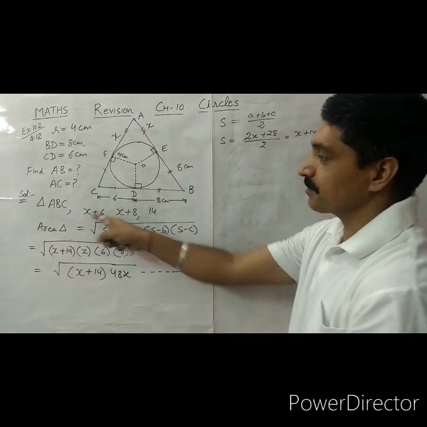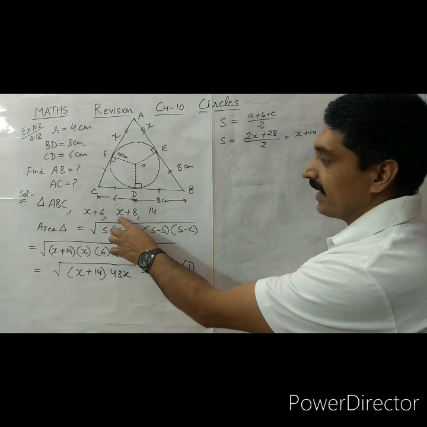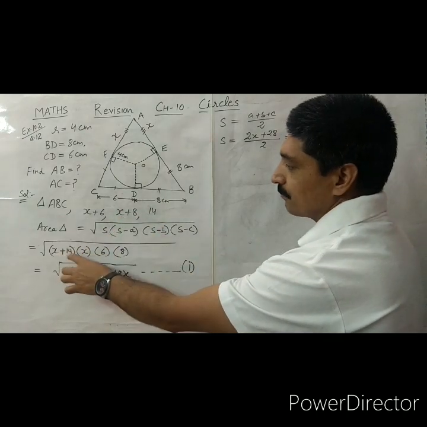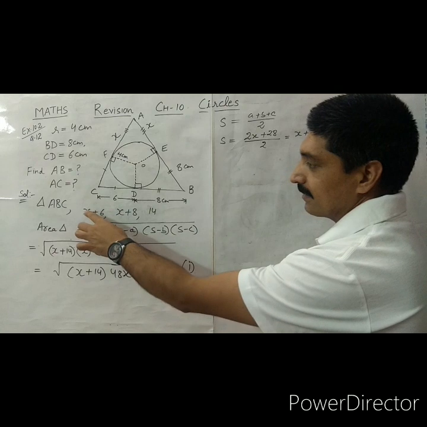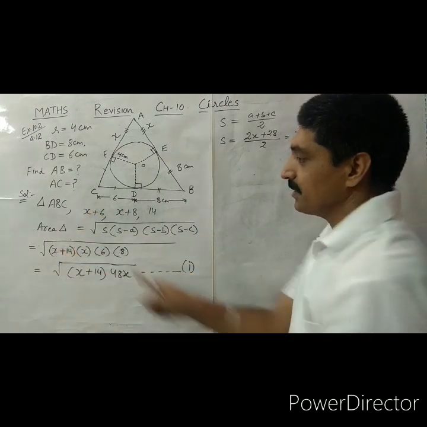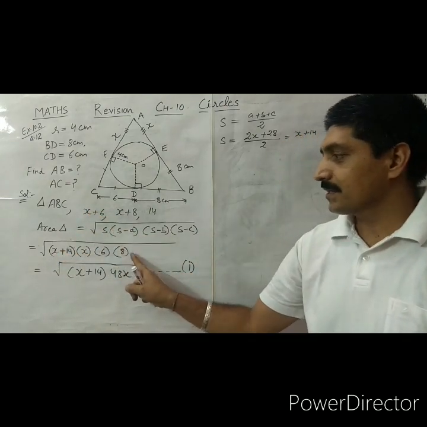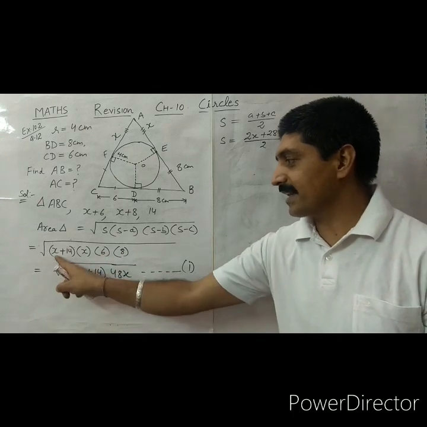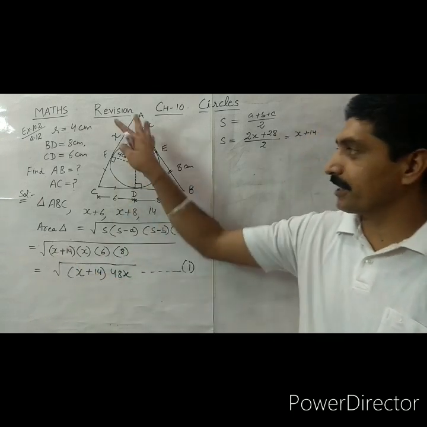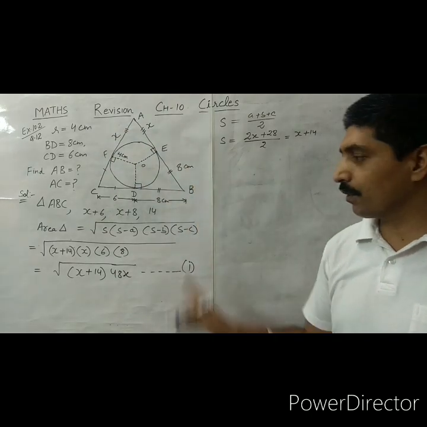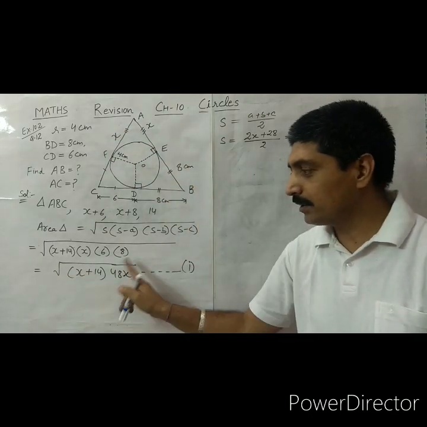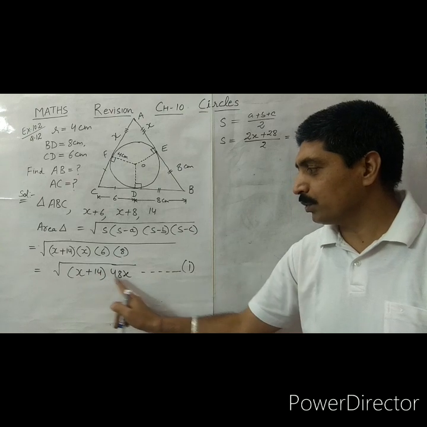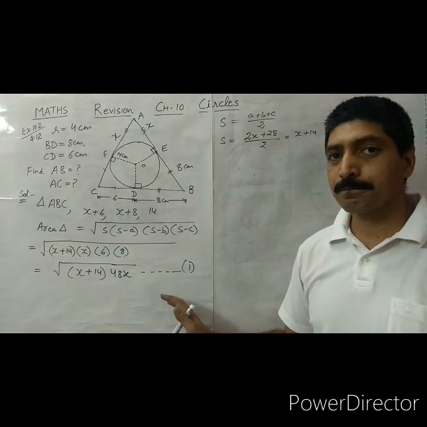Then one side is x plus 8, so x and x cancel, 14 minus 8 is 6, and then x and x cancel, 14 minus 6 is 8. So multiplying here, it is 48x and x plus 14. So the area of the triangle with the help of Heron's formula is the square root of (x plus 14) into 48x.